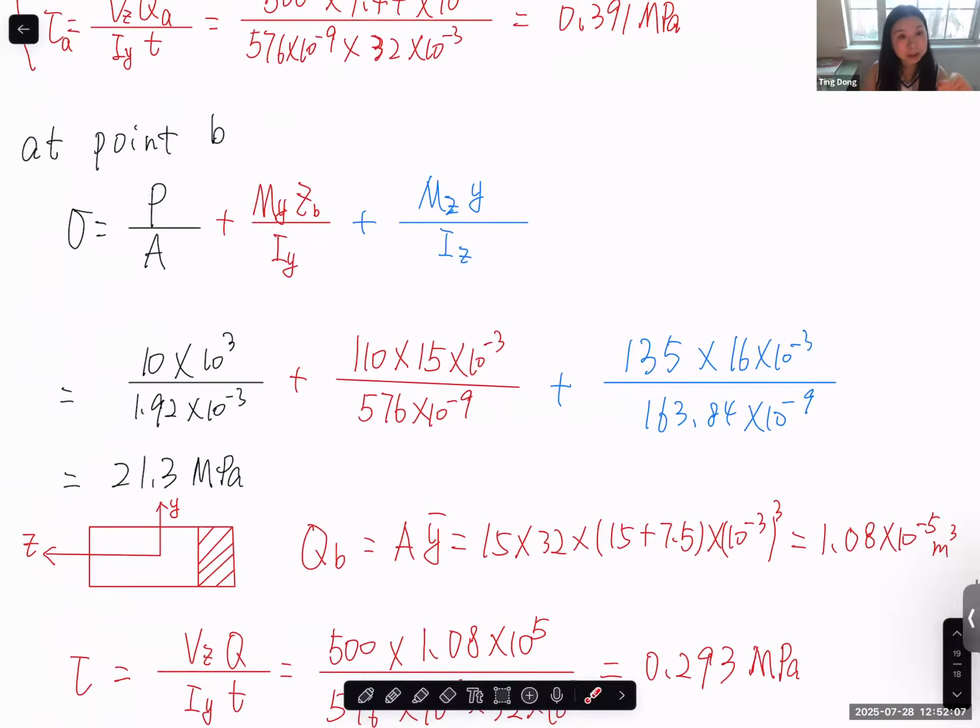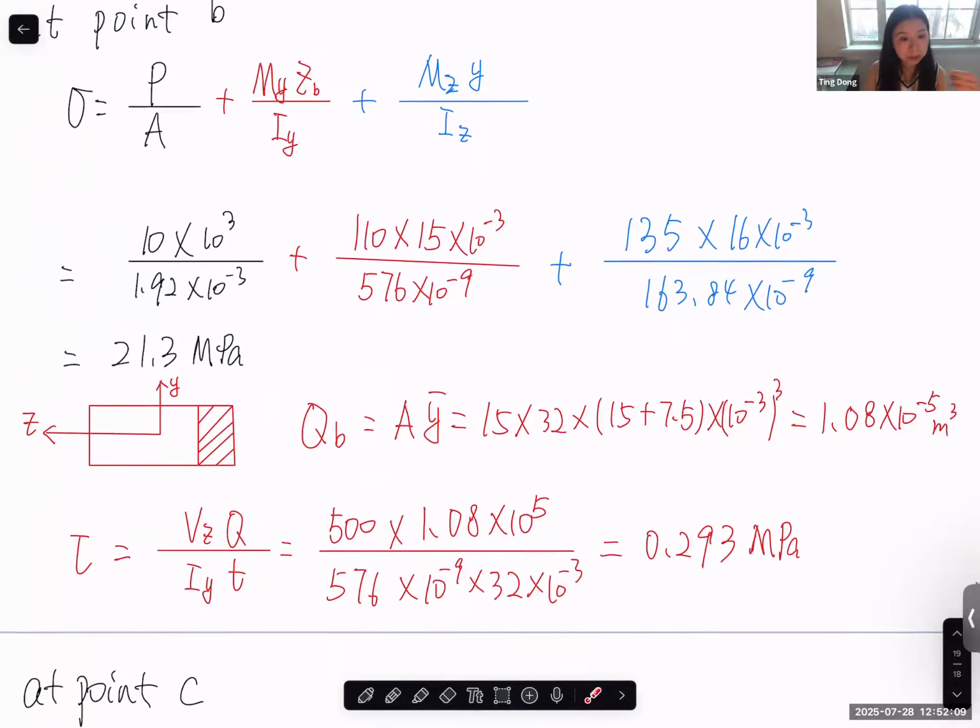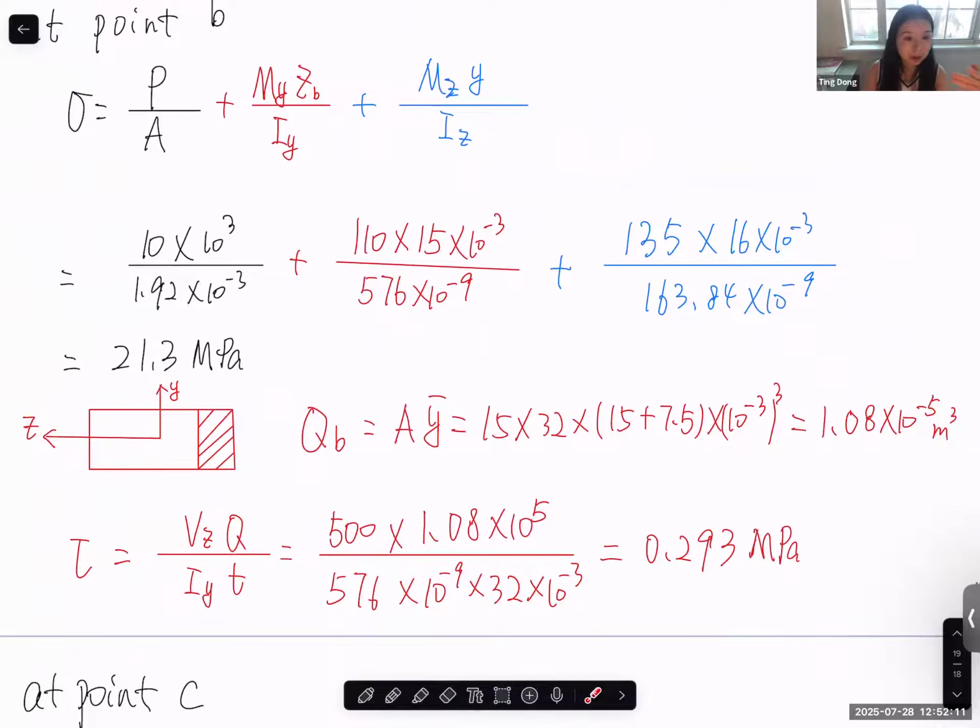And the next part is calculating Q. Probably this is the most confusing part, because there's really no equation specifically for this cross section, this point. So you need to use VQ/It to derive the equation and calculate by yourself.